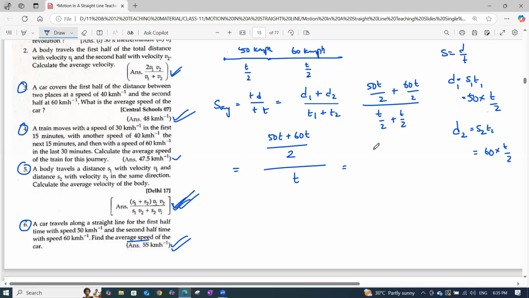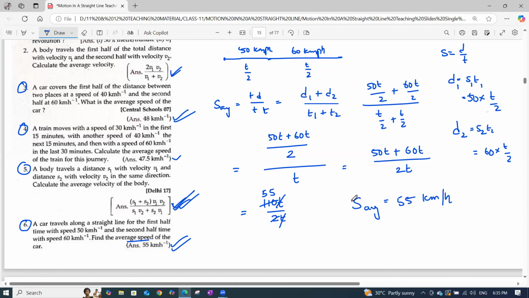Now it becomes 50t plus 60t by 2t. Now what is 50 plus 60? It is 110. 110t by 2t. t gets cancelled. 2 fives are 10, again 2 fives are 10. So we'll get the answer: average speed is equal to 55 km per hour.